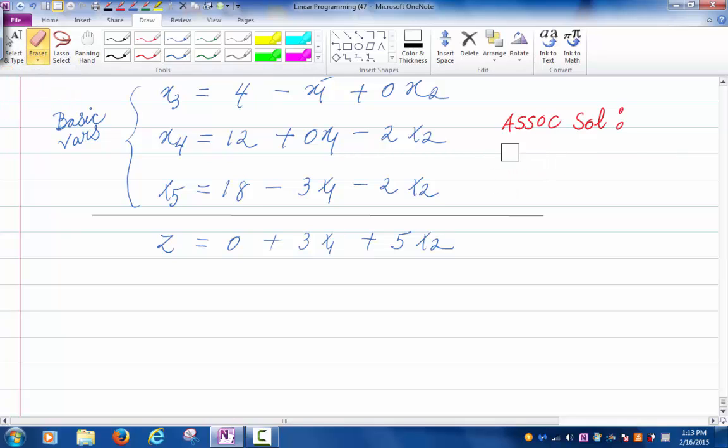Once you set them to 0, notice that the numbers in my first column on the right hand side give me the values of the basic variables, right? So what is x3? 4. What is x4? 12. What is x5? 18. I don't have to do anything. I can just read off the values, right?